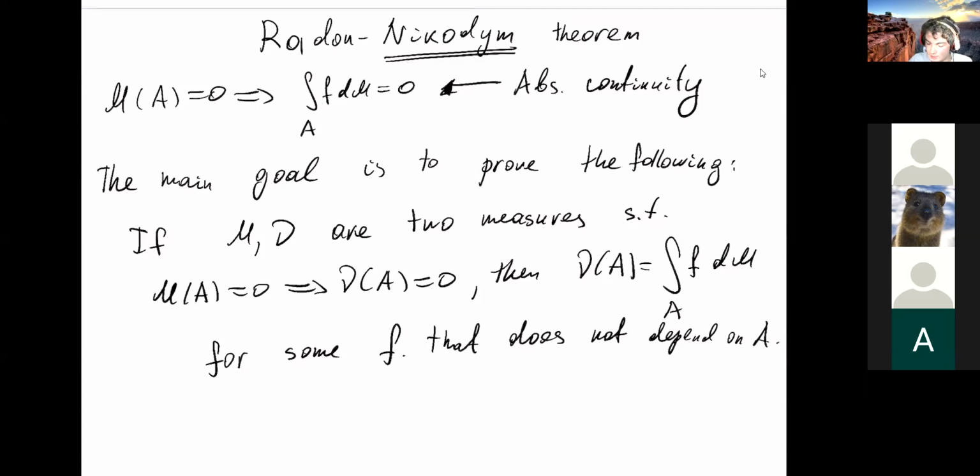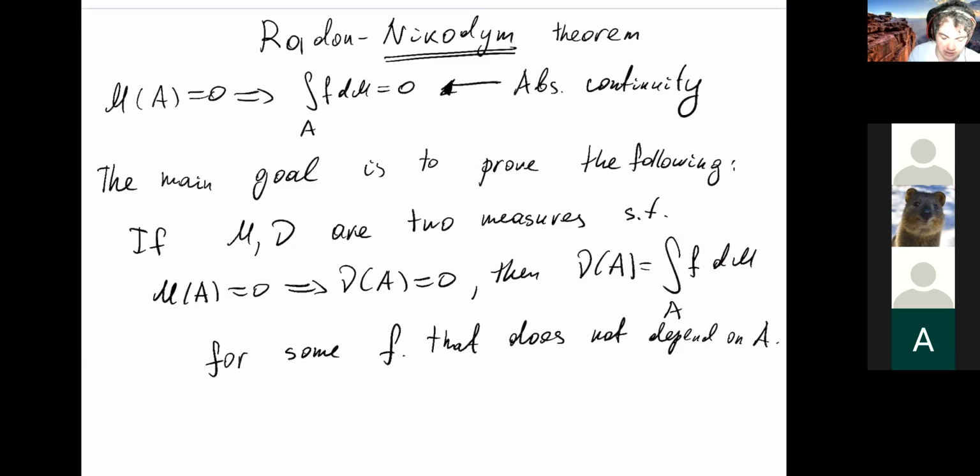Because in countable additivity we had a series, and for a regular, nice measure, this series had positive terms. Now we will allow our measure to take negative values, so this series will be allowed to have negative terms. And so the convergence will be a little bit harder.